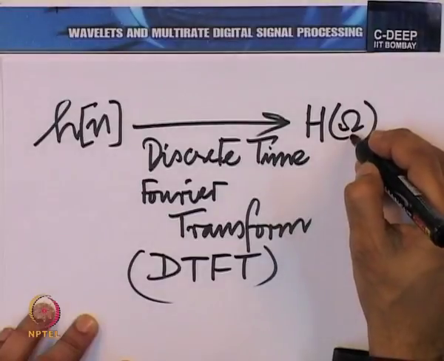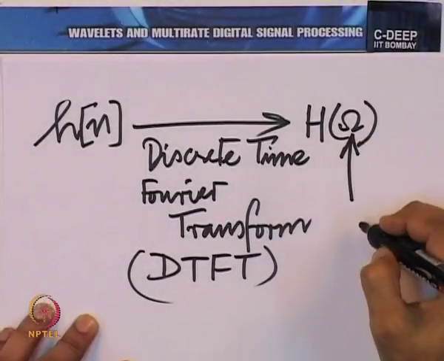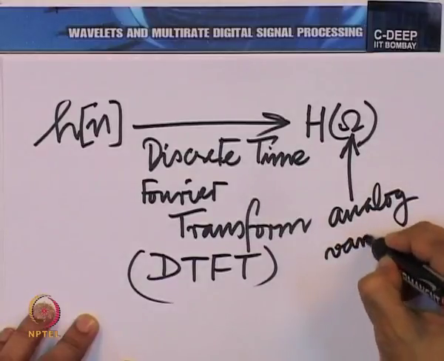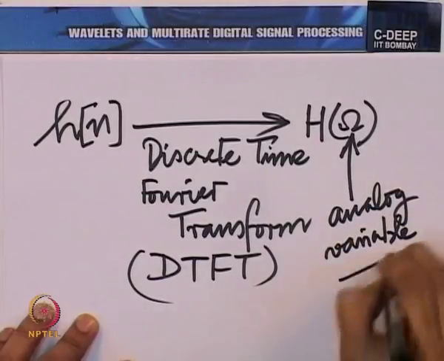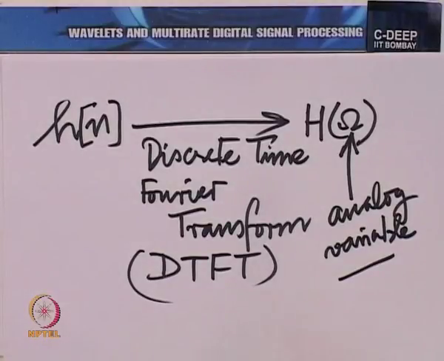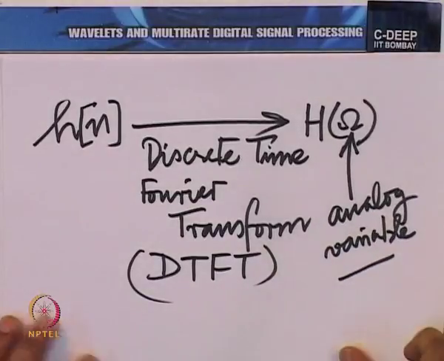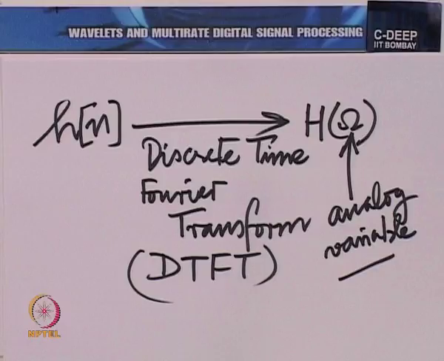Now, note here I am using the continuous or analog variable. That is because I want to retain my discussion in the analog domain or in the continuous time domain. So, I am substituting small omega by capital omega here for the sake of consistency in notation. And if h n has the discrete time Fourier transform given by capital H of capital omega, then what we have here is the following dilation equation.